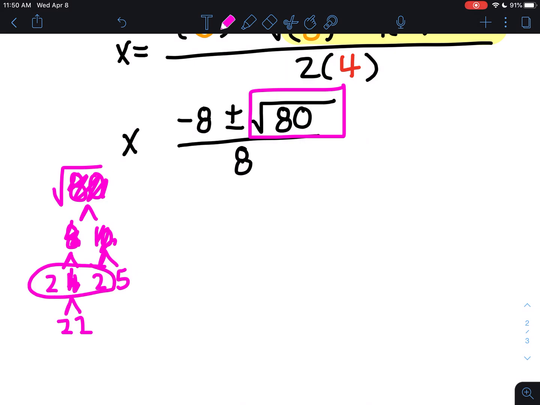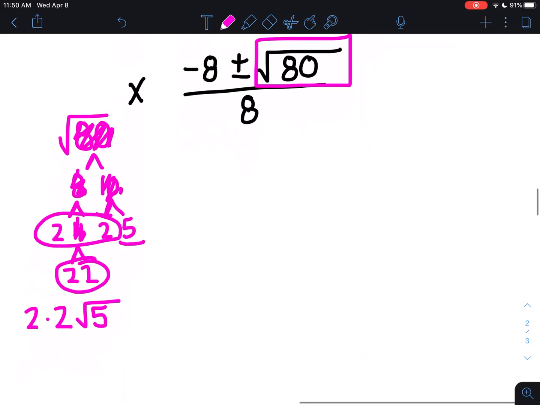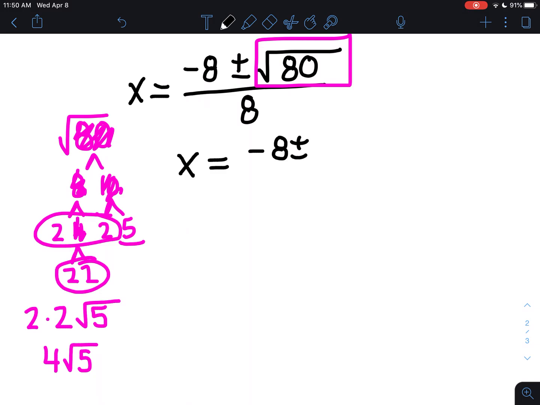I've got 2 2's here, 2 2's here, and a 5 by itself, which means one of each group goes out in front. Whatever's underlined goes underneath. The square root of 80 is equivalent to 4 radical 5. So I'm going to come back over here. I never put an equal sign. X is equal to negative 8 plus or minus 4 radical 5 all over 8.